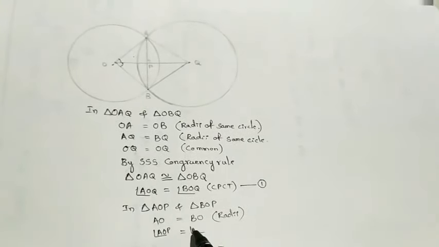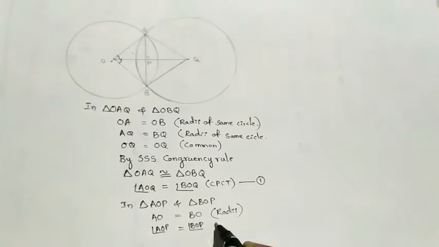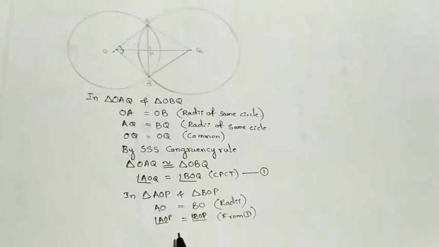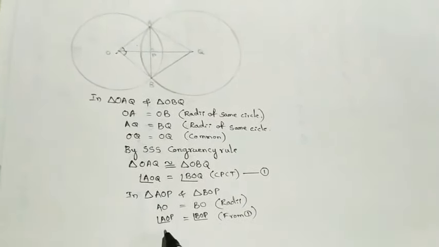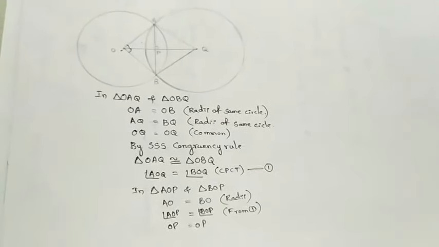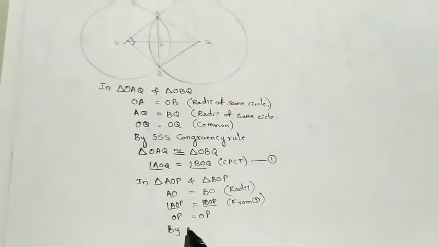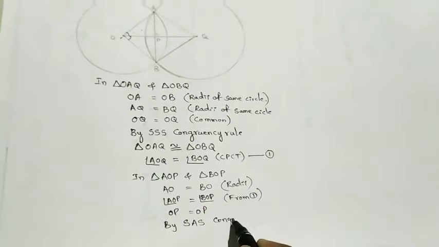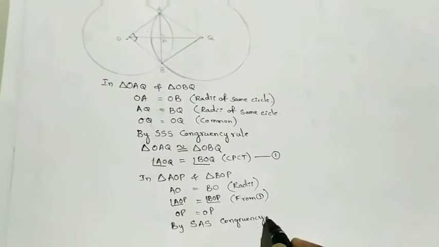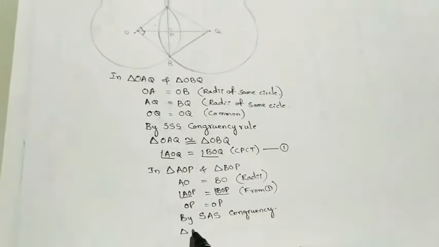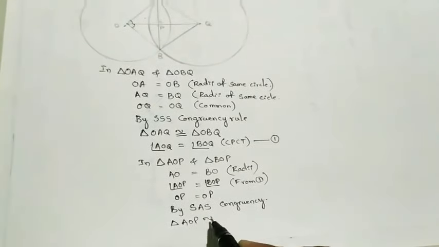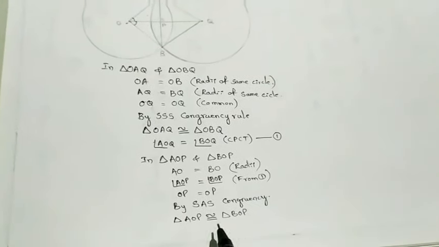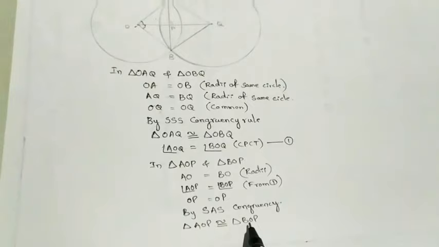Okay, so AOP equal to BOP from 1. Next, OP is common on both sides. OP equal to OP. Okay, so by side angle side congruency, we got here triangle AOP is congruent to triangle BOP.